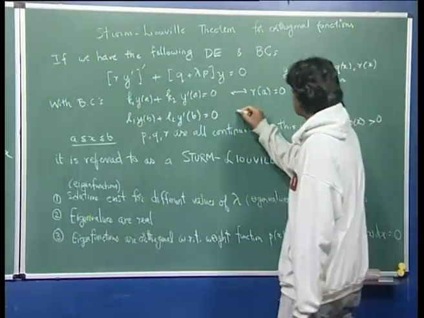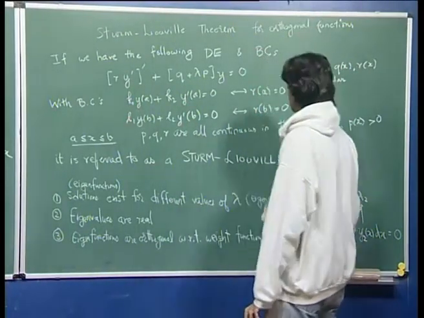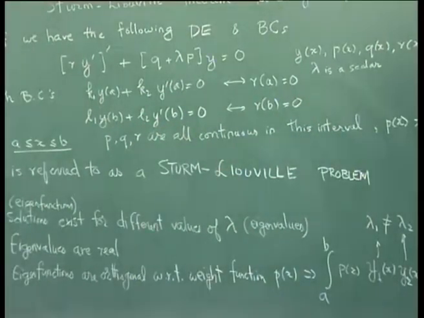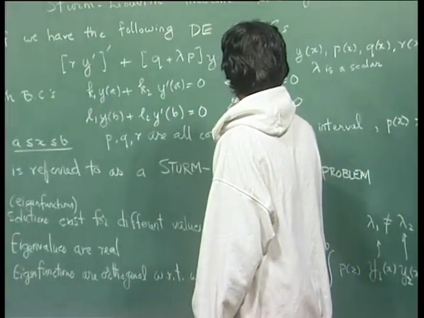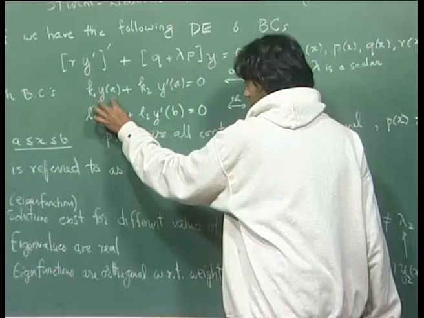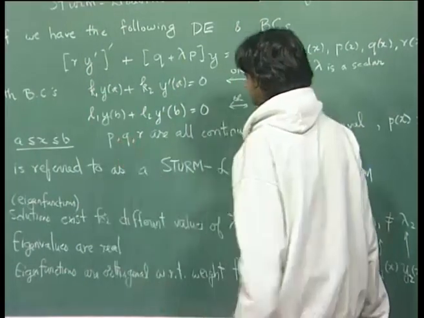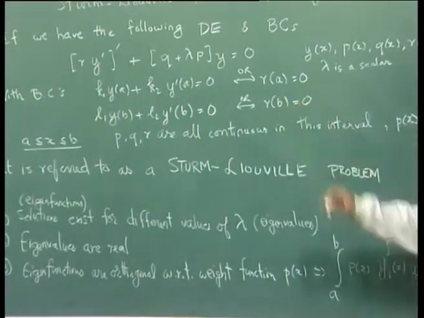Similarly, if you have r of b equal to 0, then you do not need this boundary condition. Okay. So, these are both or statements. Either you can have such a boundary condition where the value and the slope are linearly related, or you can have this sort of boundary condition.